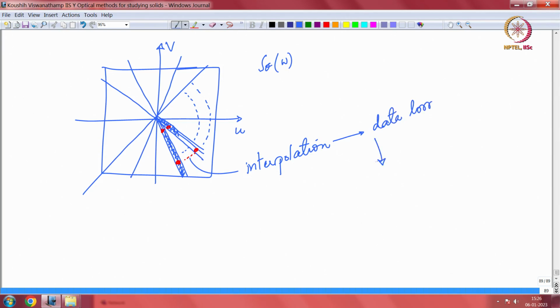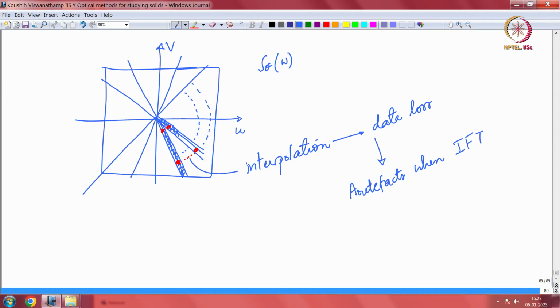So you will have artifacts when you do the 2D inverse Fourier transform, because the data is not dense. Okay, so that is a basic problem with just directly implementing the Fourier slice theorem, but now with the filtered back projection scheme you should not have this issue.